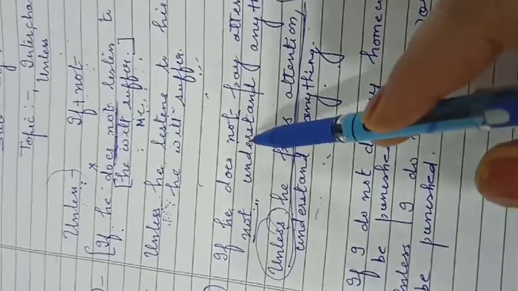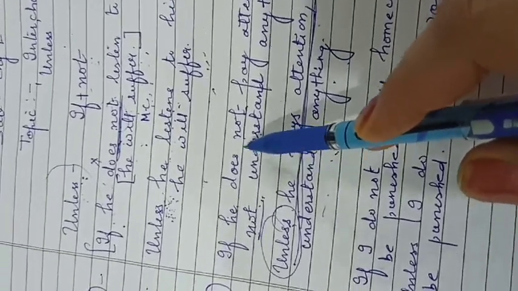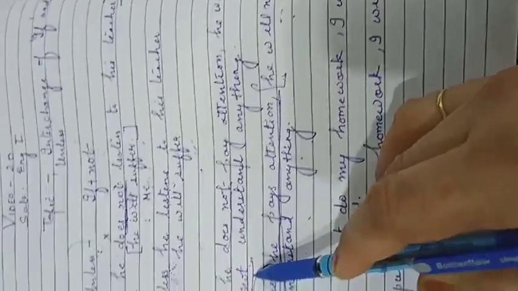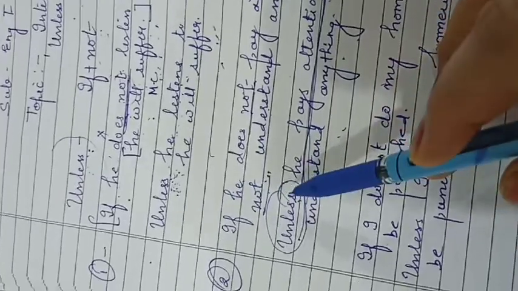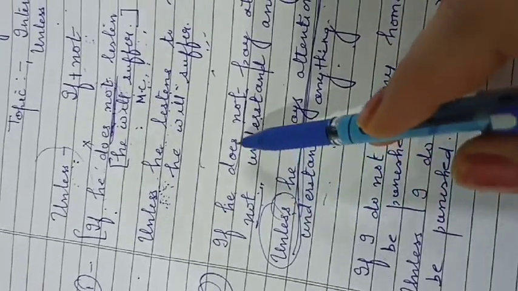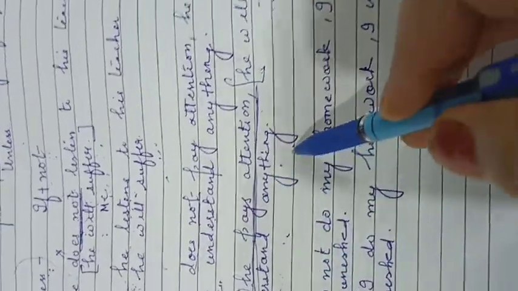Are you clear, beta? In the previous sentence, we had two nots. One is in does not, the other one is given to you after will not. As we have to begin with unless, we will not use the first not here. Unless he pays attention, he will not understand anything.